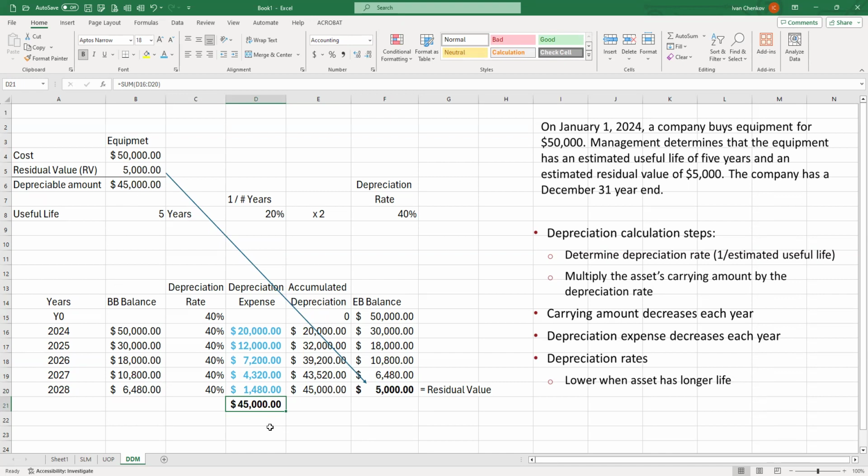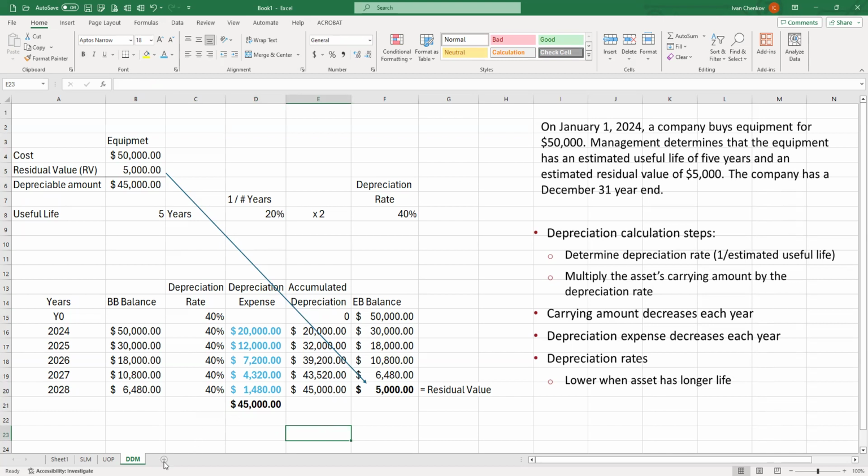In that case, and only in that case, your ending value will be equal to the residual value we estimated, and the total depreciation expense will be equal to the depreciable amount that we have to depreciate over the life of the asset. Now, this adjustment is done only under the diminishing balance method, which can be double declining or triple declining, whatever method you decide to use.